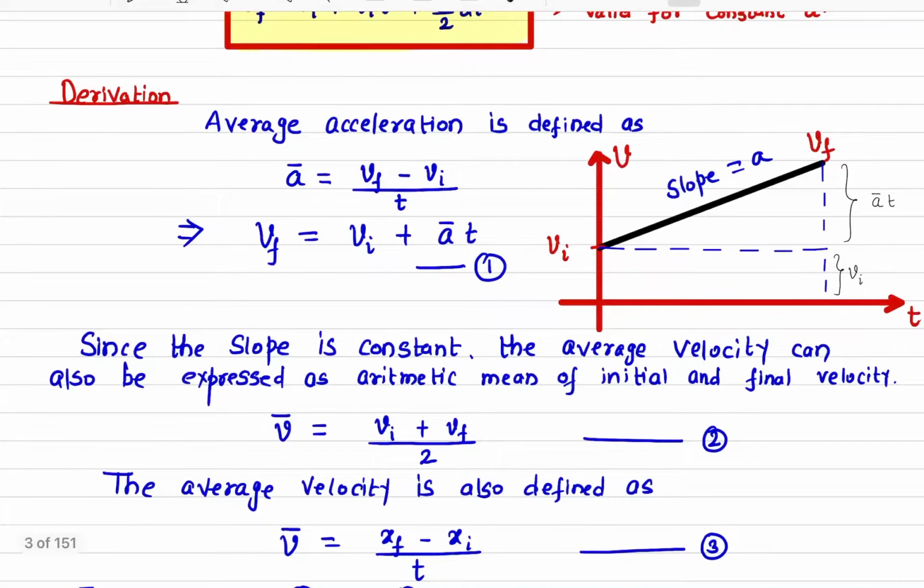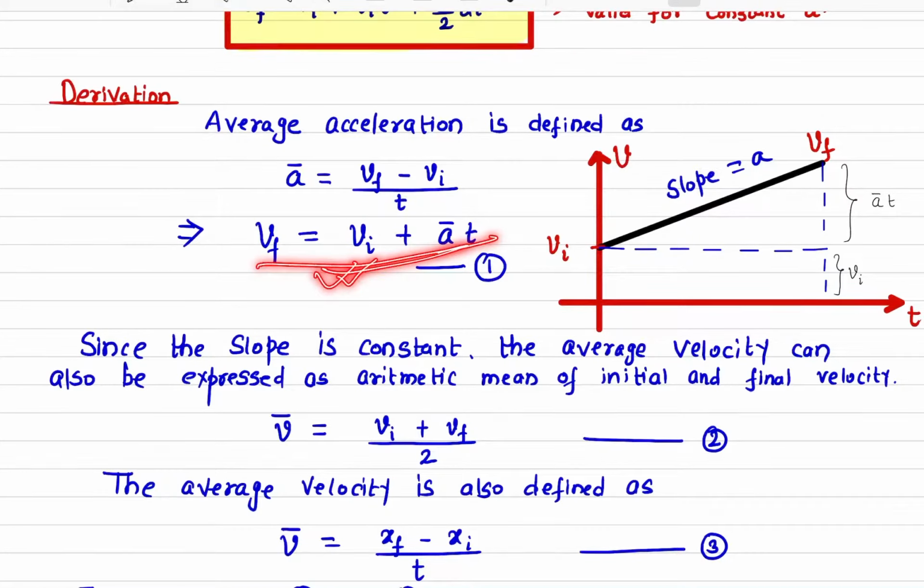Now look at this equation here. Vf is equal to Vi plus A bar t, where A bar is the average acceleration. If we assume this average acceleration is constant, not changing with respect to time, then if we plot a graph, with time on one axis and velocity on the other, and this velocity could be at any time or any position, then it has to be a linear relationship.